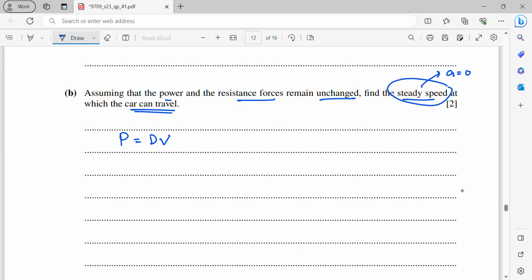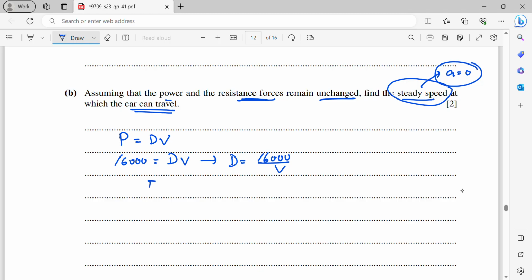So since the power and the resistance forces remain, I need to get what is my D first, because we need to use back the Newton's second law formula. So now my P remains 16,000. D is not given now because the speed is not given. So therefore, I need to get my driving force as 16,000 over the V.